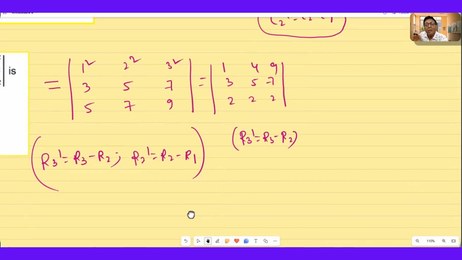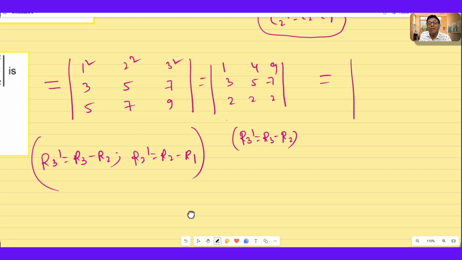Now whenever elements of one row or column are identical, use this situation to simplify and get it quickly. I will be subtracting this from this and this, because if I get more zeros in a row, if you get all zero, value is 0. But if you get all equal to the same constant, then you subtract one from the other.